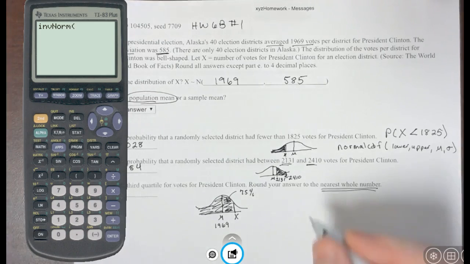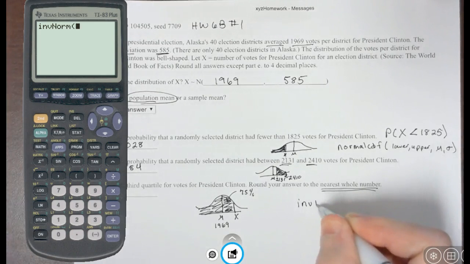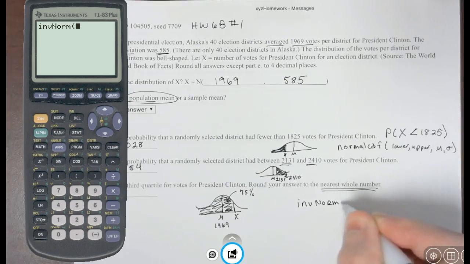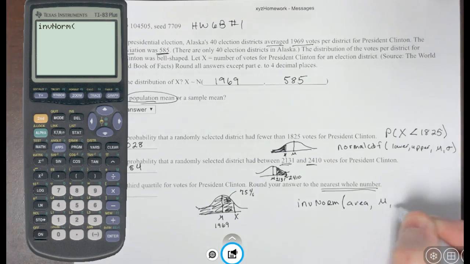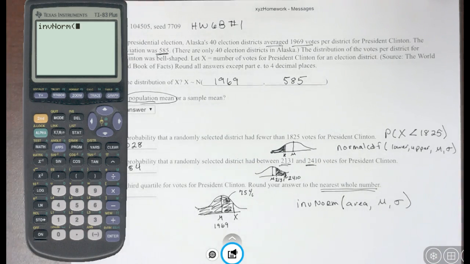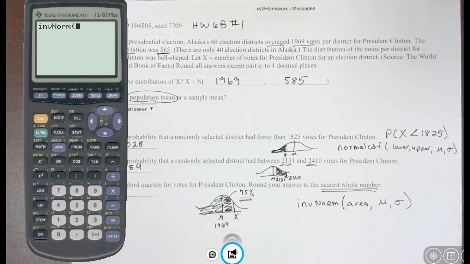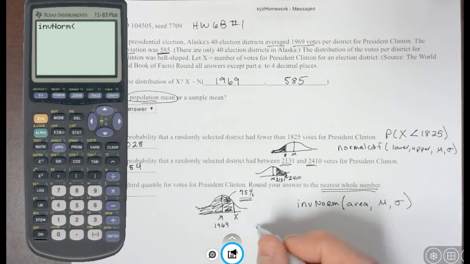For our invNorm, we would put in the area, the mean, and the standard deviation. Our area is the 75%, or the third quartile, which is the 75th percentile, which is 0.75.